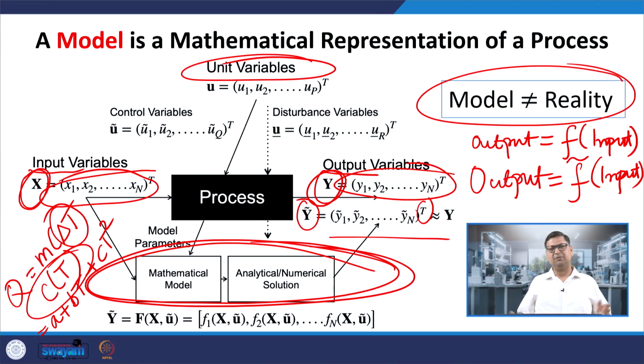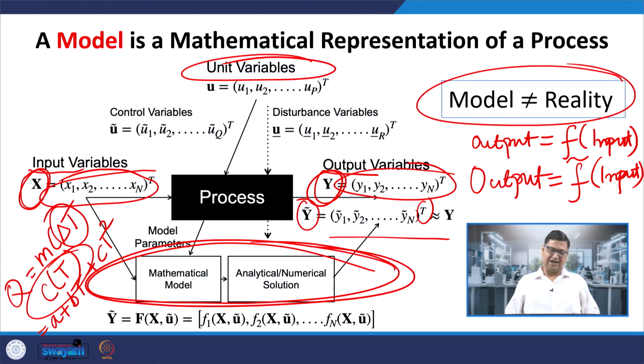And then there are model parameters. In the earlier case, Q was the model parameter, the heating rate, but you can imagine there can be many other model parameters. Let us say, for example, what the surrounding is like, what the temperature of the environment is, what else is cooking nearby, and things of that sort.